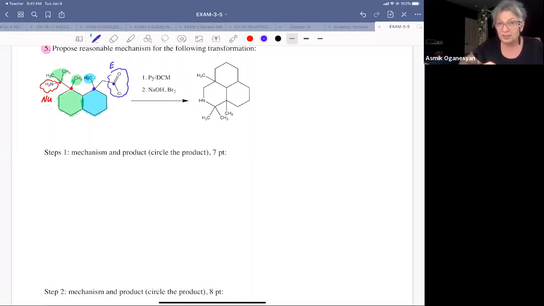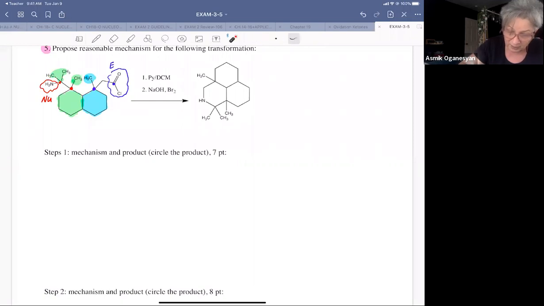Now, let's take a look at reaction conditions. I have pyridine and DCM. Definitely, I'm going to run an amidation reaction between my acyl chloride and amino group. It's the reaction within the same molecule. So I'm going to form, through intramolecular reaction, a ring. Let's take a look at the size of that ring.